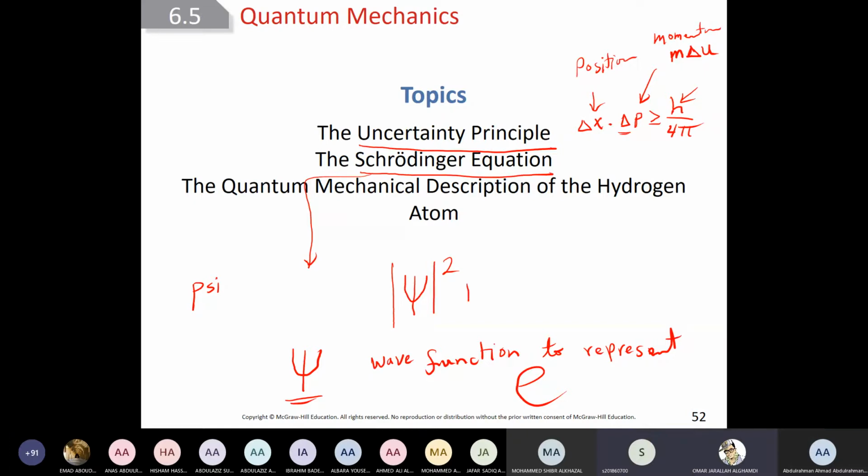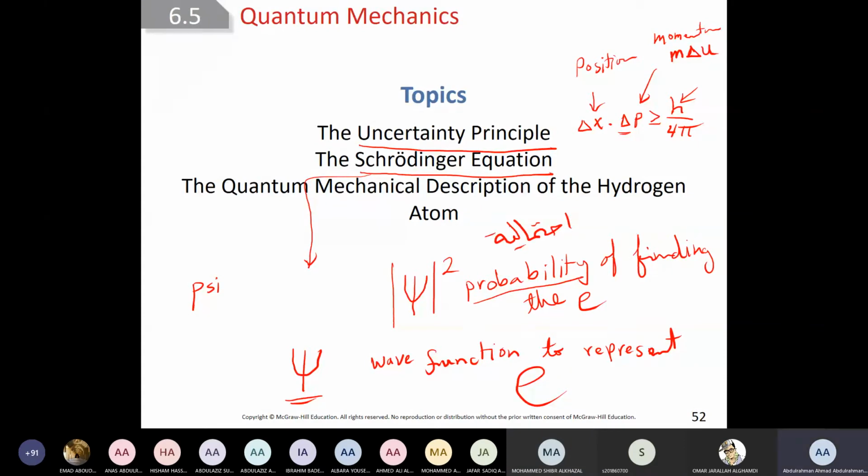The probability of finding the electron. ايش معنى probability بالعربي؟ احتمالية. احتمالية وجود الإلكترون.